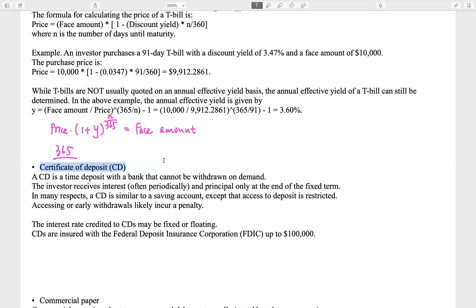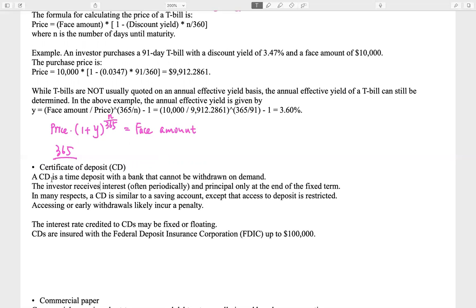Due to COVID, the government lowered the interest rate to pretty much zero, so now it's less than 1%. But still, it's 10 or even 100 times more than you could get from a standard saving account. So that's why you see a lot of flyers for CDs.